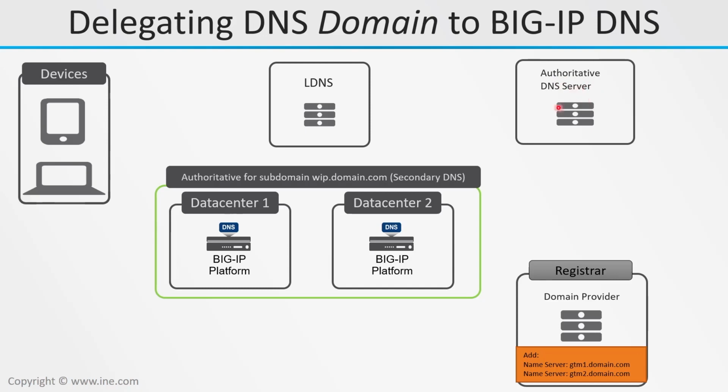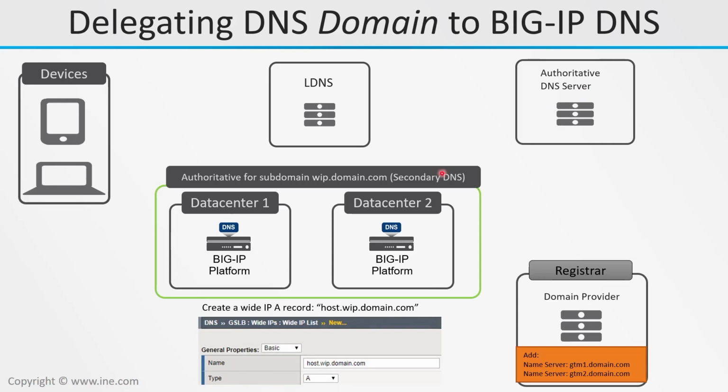So let's walk through the steps. First we'll create a wide IP and an A record for host.wip.domain.com. We first create a delegation subdomain called WIP on the authoritative DNS server.